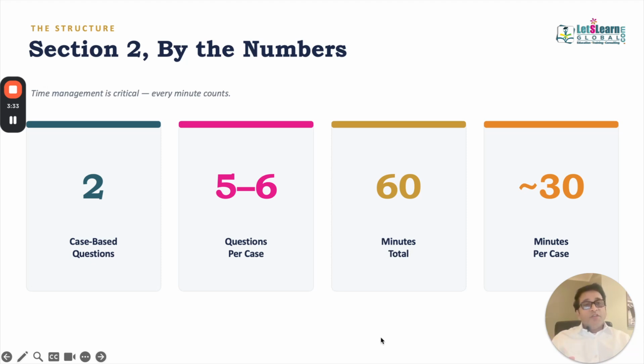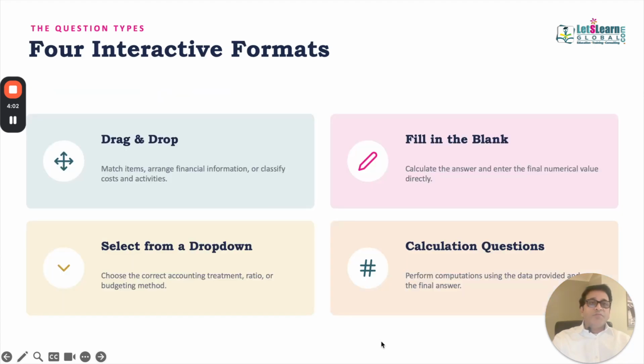These 2 CBQs you need to complete in 60 minutes. Of course, if you save any time in the MCQ session, you can carry it forward here, but assume that you have 60 minutes overall to complete 2 CBQs. So on average 30 minutes per CBQ, which you can easily manage because you are not typing lots of information here. The pattern is different compared to essay questions.